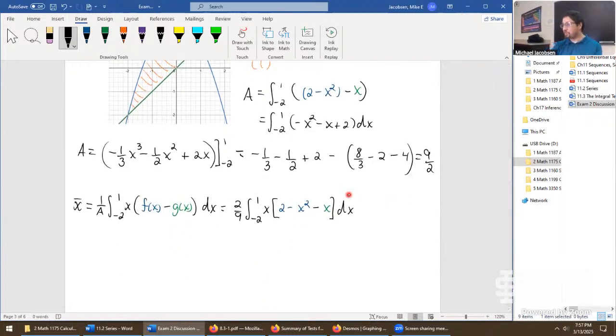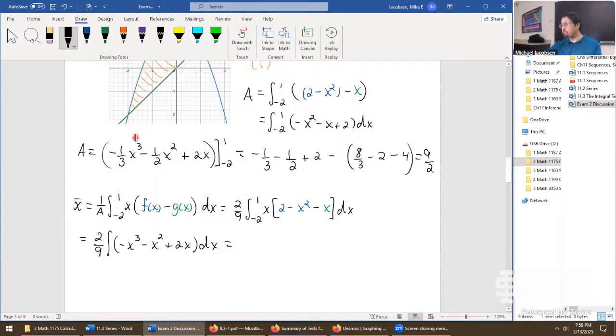Nice thing about these integrals is that they're not too crazy. We're not doing a trigonometric substitution in the middle of all this. Mainly the idea is to focus purely on the concept of the centroid itself.